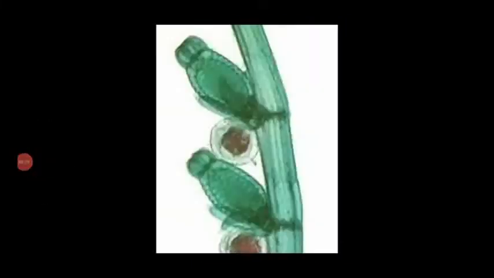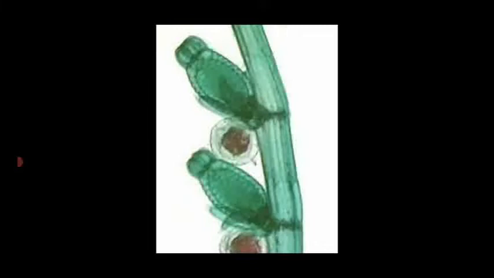Dear students, this is another diagram. The topmost sex organ is the nucule. Nucules are the female sex organs. At the base, the circular male sex organ is located. That is named antheridium or globule.